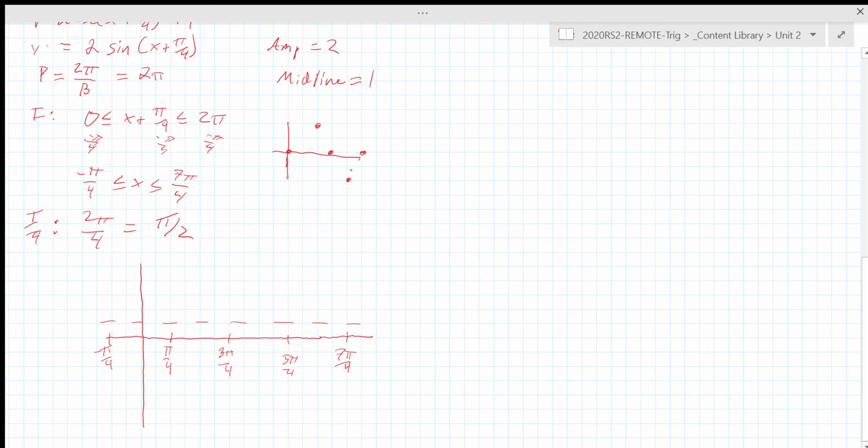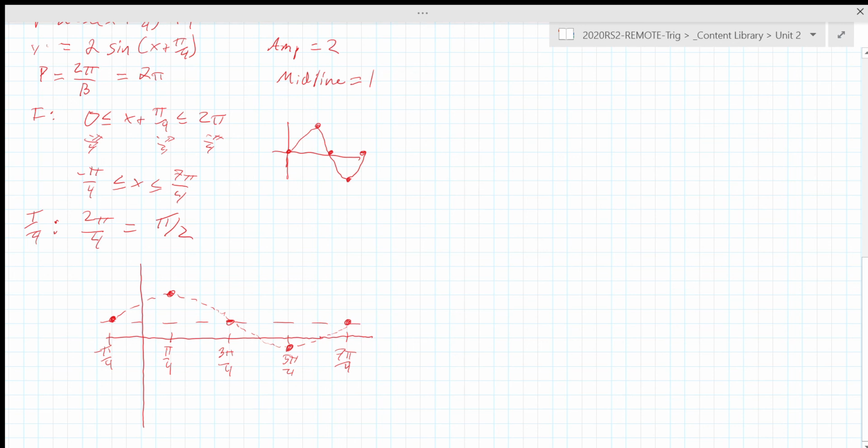So we'll start at the midline here, and then go up the amplitude. The amplitude is 2, so we go up 2 from the midline, back to the midline, down 2, back to the midline. And we're going to make a dotted sine function because this isn't actually the graph of cosecant. We're just going to use it to graph cosecant.